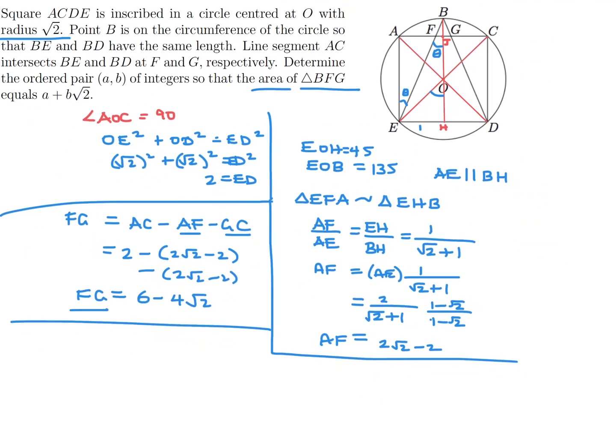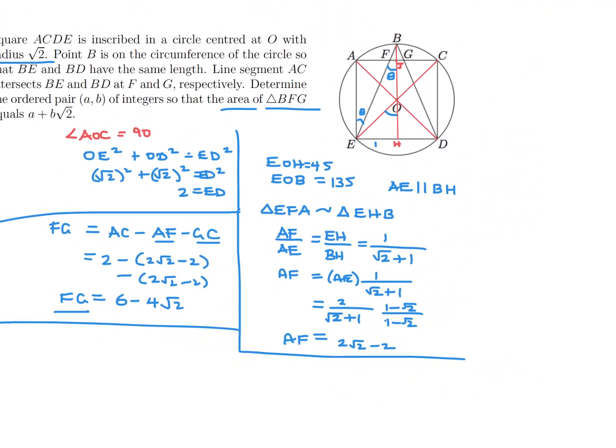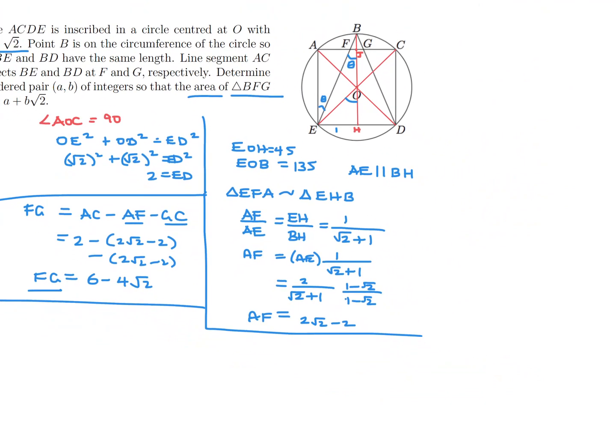There's got to be another similar triangle situation. I think if we compare triangle BFG, the triangle we're focusing on, to the big guy, BED, that would do it. Those triangles are definitely similar since they have the exact same angles.